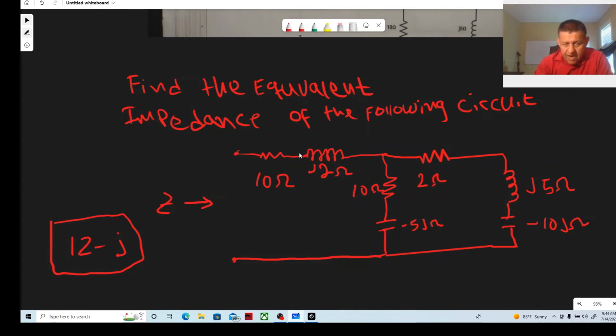You find out these two are in series, and then you come over here, you get a node, and then you go down. These two also are connected together, and then this resistor, that inductor, and that capacitor are connected together, which means that they are in series.